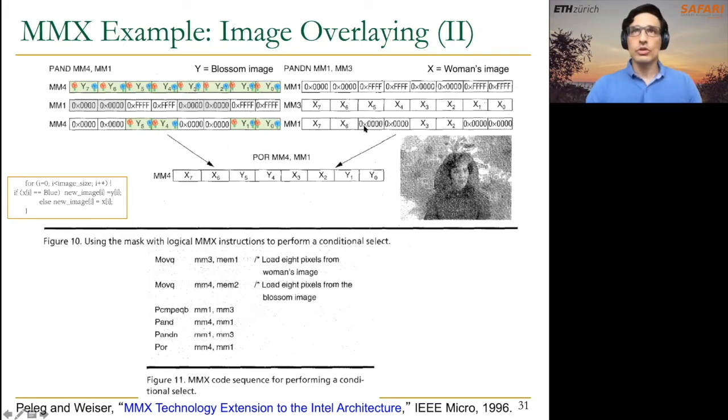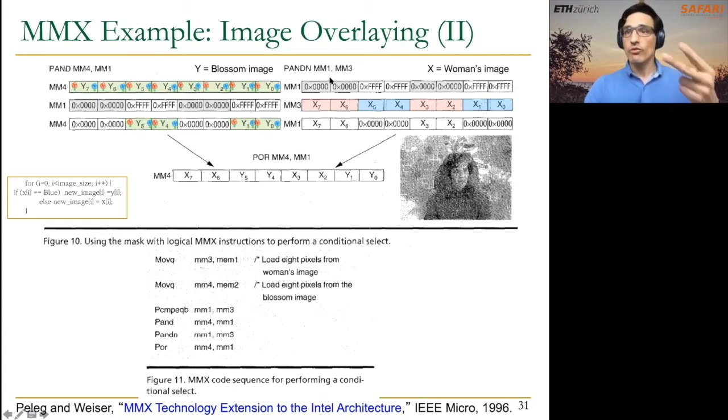Then we have to do the corresponding computation for image X, the woman's image. Here, again, we are going to use the mask. In MM3, we load pixels of the image of the woman. Some of these pixels are blue, some others are the woman herself. Now we apply the mask again, but observe that this instruction is different. It's not PAND, it's PANDN, packed AND NOT.